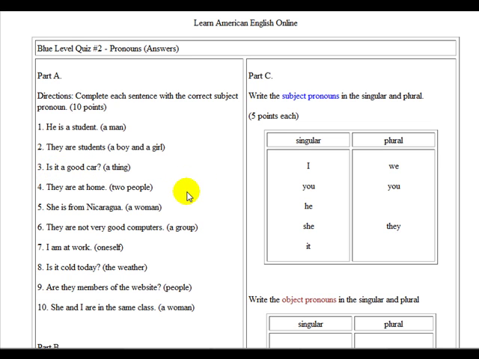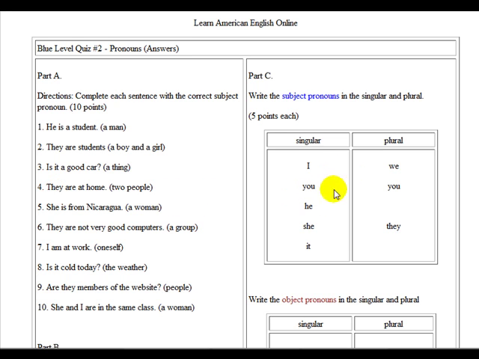The next we have, they are at home. There's two people. So we use the plural form of they. That's the pronoun form. And we can see over here the subject pronouns and what they are.